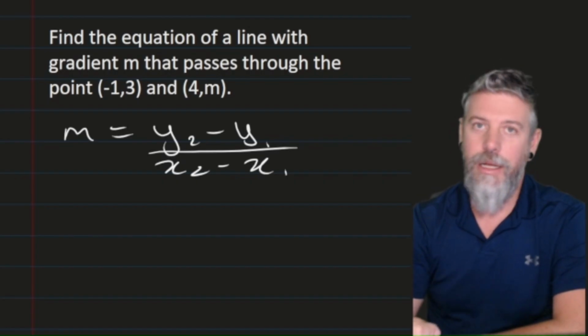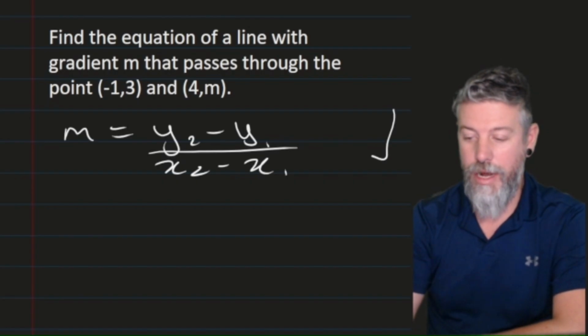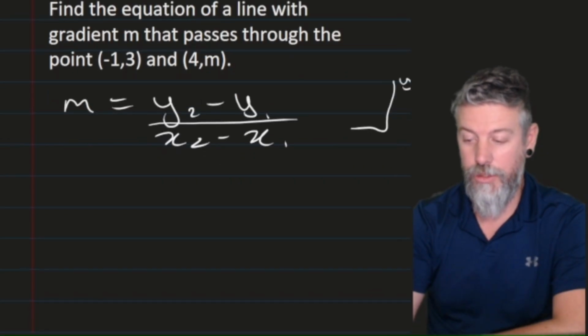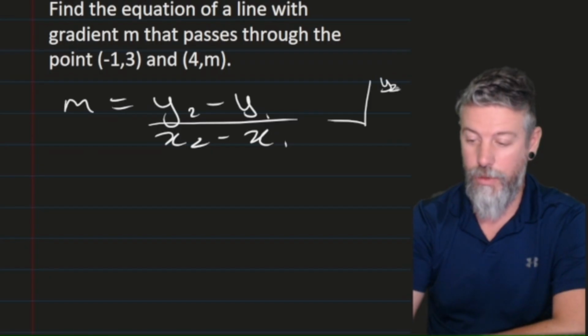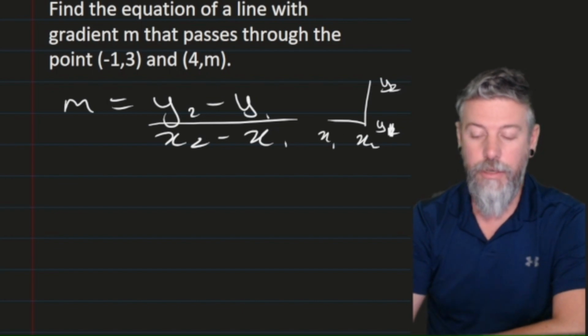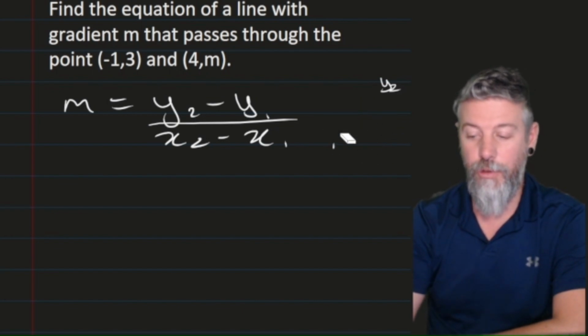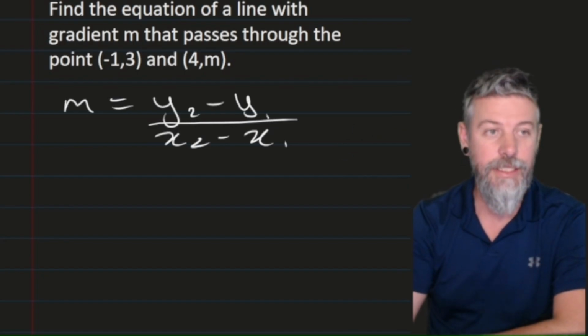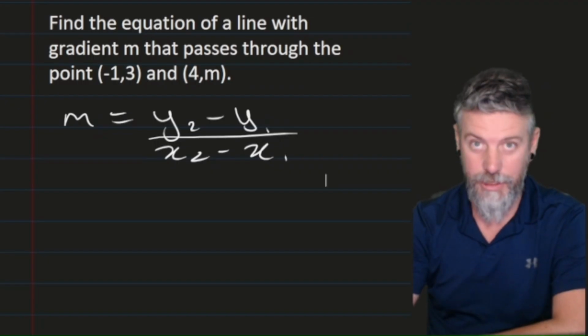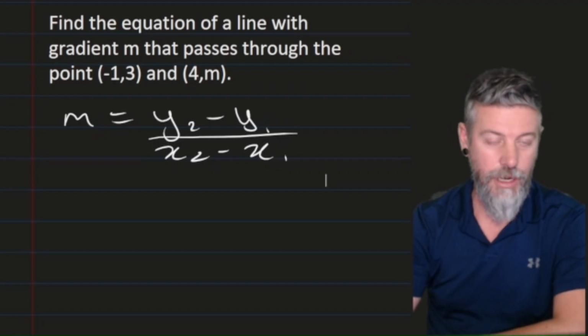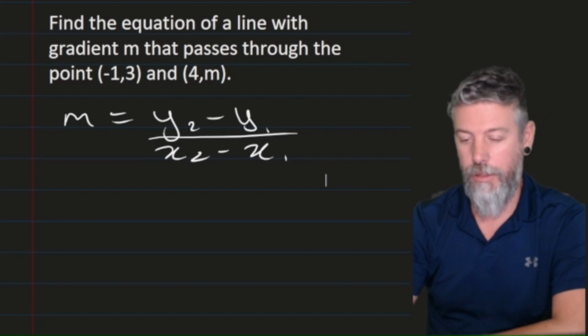This one 100% makes sense from our rise-run triangle, our y2 minus y1 over x2 minus x1. If you're not sure about this and why it is that formula, again, go and have a look at your year 10 notes and make sure that you do grasp these formulas deeply so that you are able to use them in your concepts in year 11.